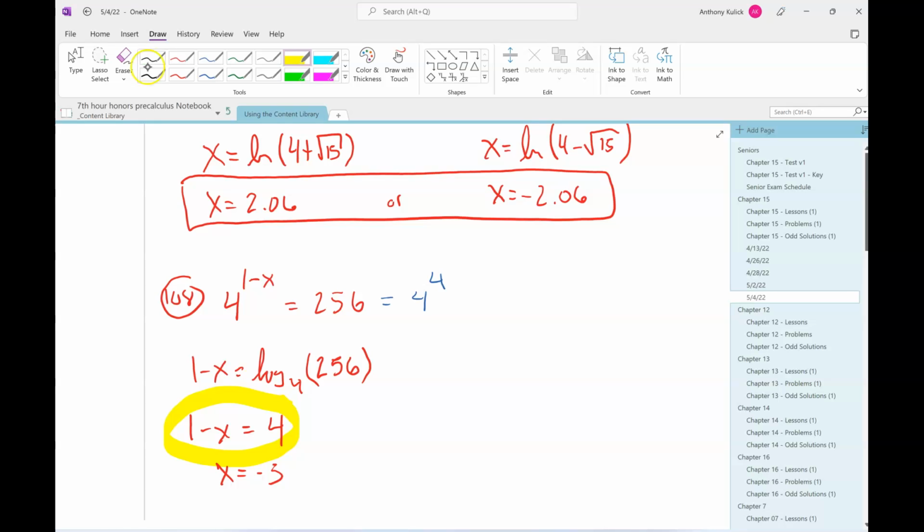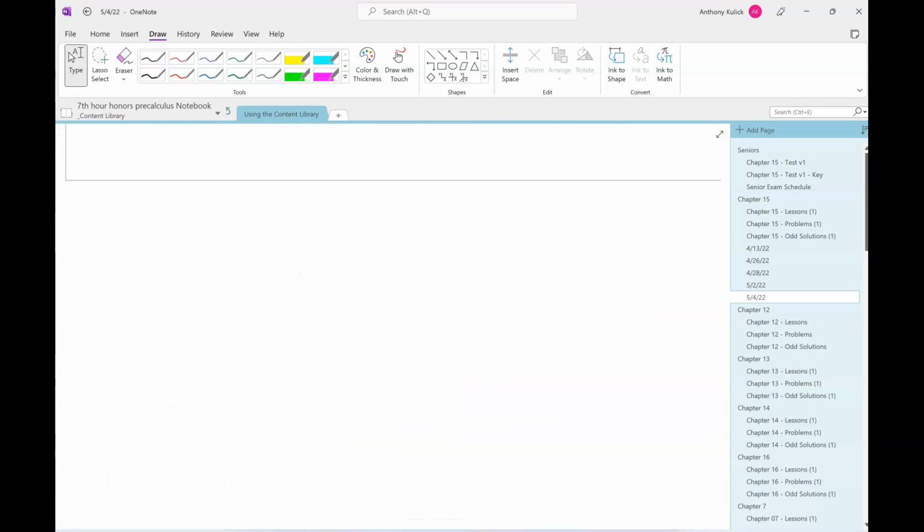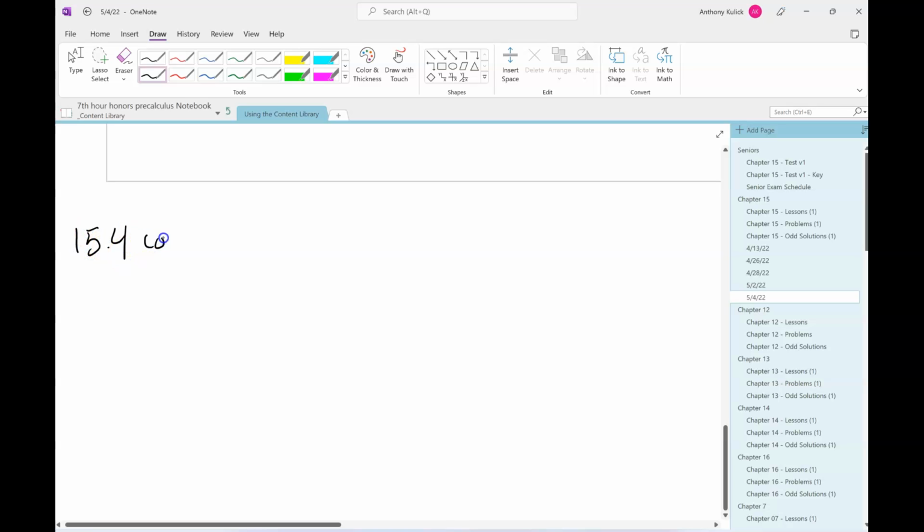Okay. So today we're going to be finishing up section 15.4. In the first part of section 15.4, we talked about techniques to solve exponential and logarithmic equations. What we did is solve contextless equations, just numbers that didn't have any meaning.